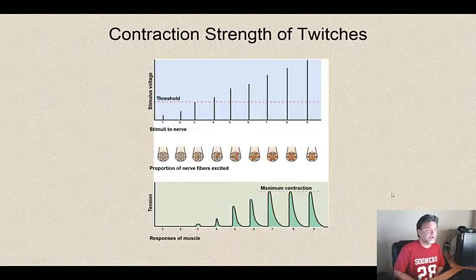This graph is correlating stimuli that are below threshold and then eventually getting stronger and stronger to how many motor nerves they'll excite, and what that will cause in the strength of contraction.